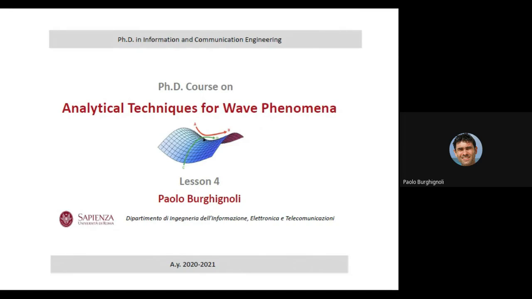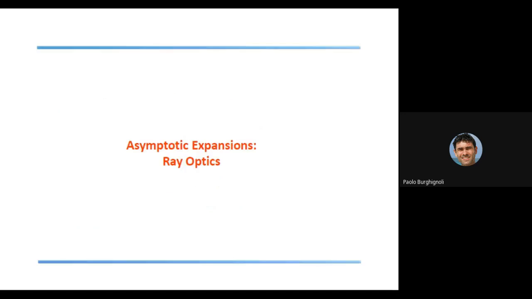So let's start this lesson, in which I will try to provide you a short introduction to ray optics. I'm sure that most of you have already been exposed to something about ray optics.